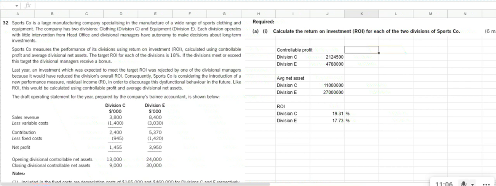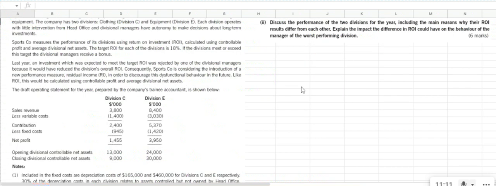Now the next part of this question is, now that we have calculated the ROIs, discuss the performance of the two divisions for the year, including the main reasons why their ROI results differ from each other. So why are their ROIs different? Since they're talking about discuss, there are many ways in which we can try this, but the approach that I am going to take is, I'm going to simply say what the outcome is.